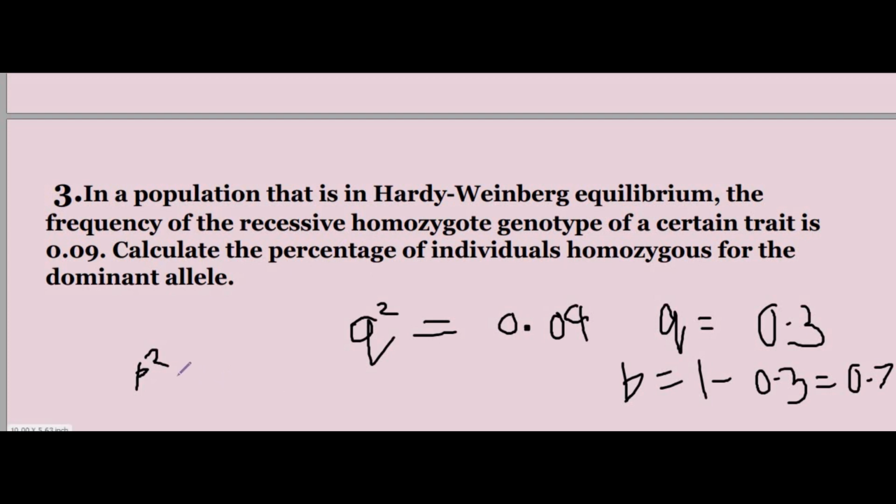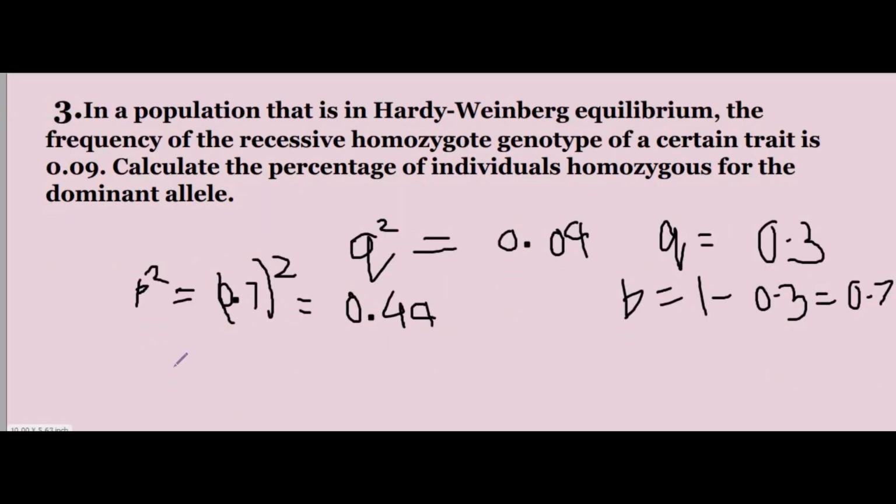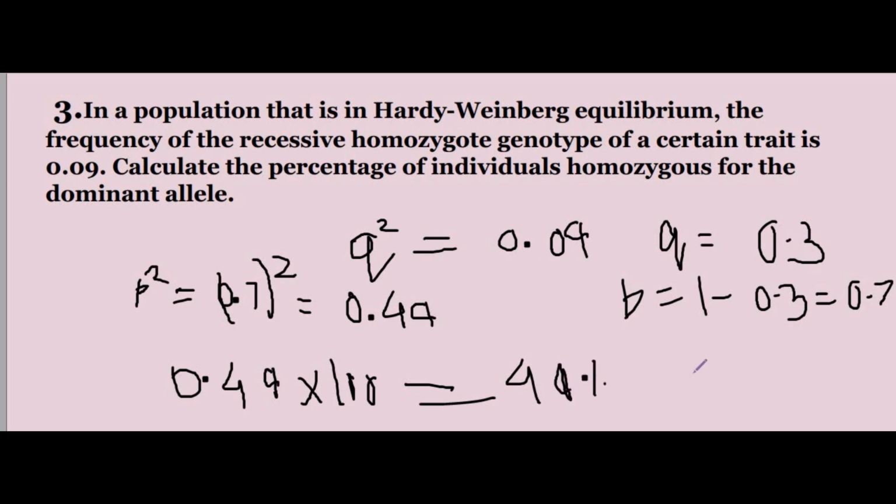So the p square value will be 0.7 square, which is equal to 0.49. Now again it is asking in the form of percentage, so we will multiply 0.49 with 100, which will come out to be 49%. Hence the question is solved.